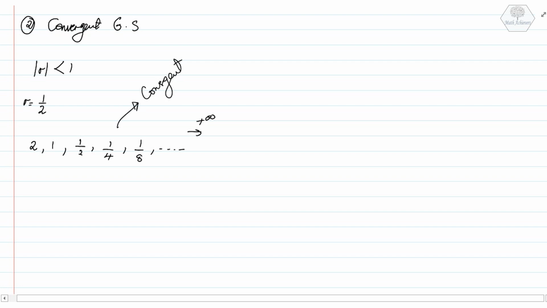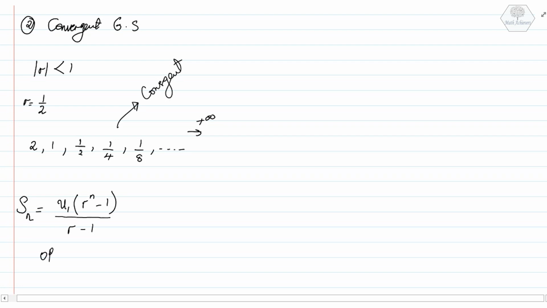Now, to find the summation of any geometrical series, the sum to n is equal to u1 times r to the power of n minus 1 over r minus 1.